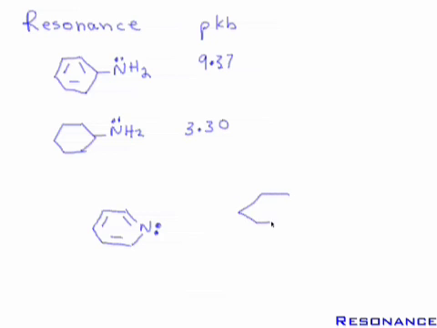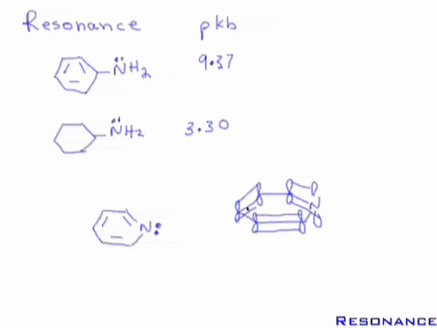If we draw an edge-on view of our pyridine molecule and put in our 2p orbitals and link them up side to side to show our pi bond, pyridine is sp squared, and we have a pi bond here, we have a pi bond here, and we have a pi bond here.